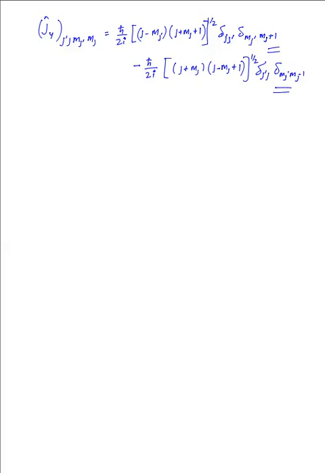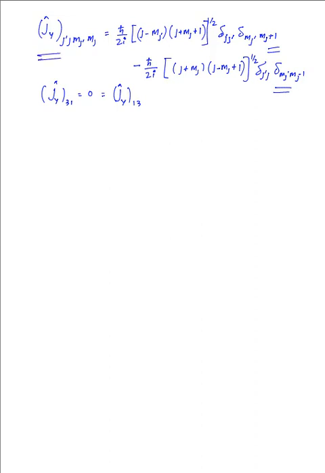It is quite clear from the relation that Jy 3 1 is equal to 0. So is the case with the matrix element 1 3, because phi 1 and phi 3 carry minus 1 and 1 as their values of mj, and they are nowhere related as per the given rules.